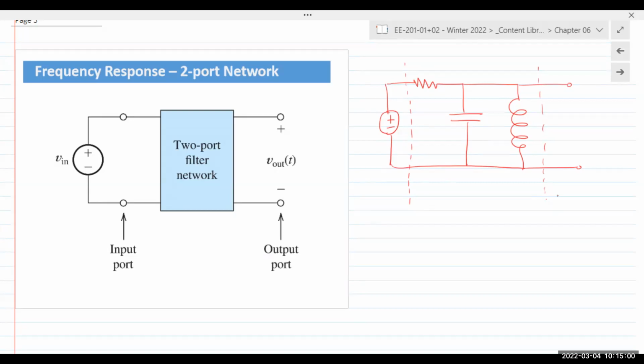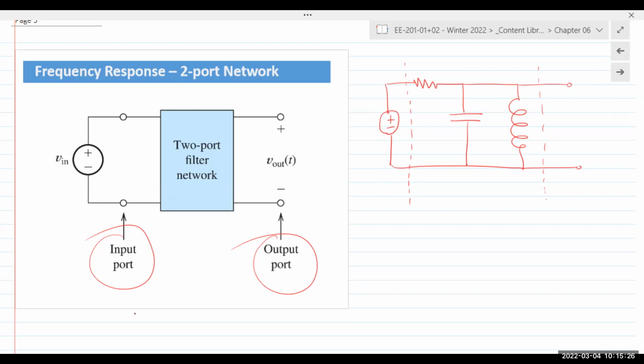And we describe each of these terminals by a term known as port, P-O-R-T. On the left, we have the input port. On the right, we have the output port. Essentially, what I'm trying to say is we are looking at the same circuits. The structure is the same, everything is the same, but you're only going to look at it a little bit differently.